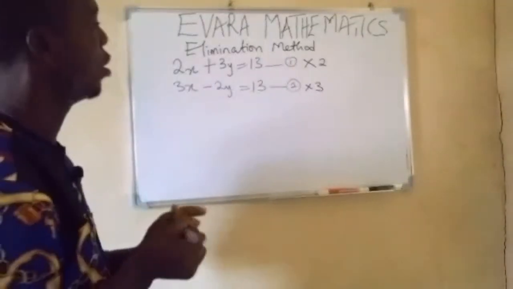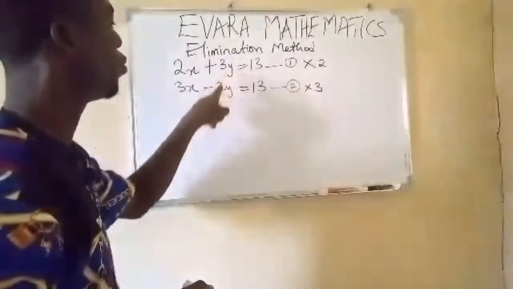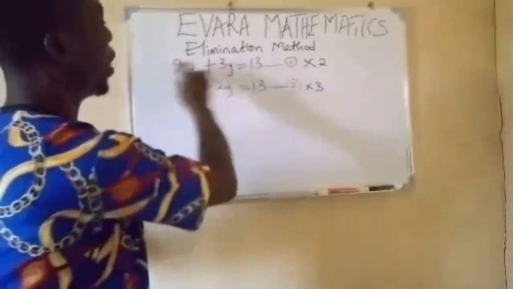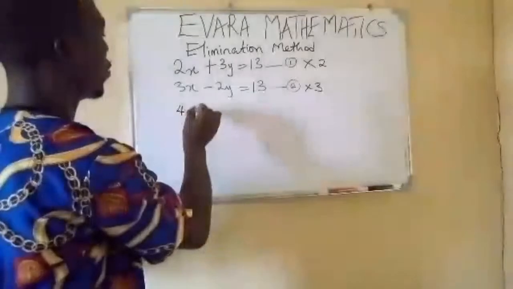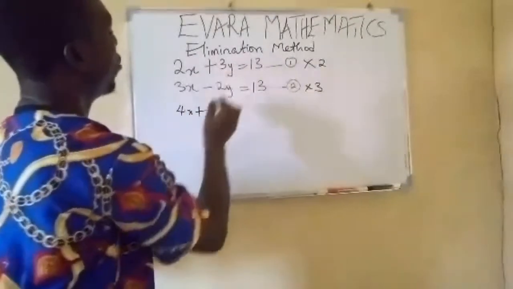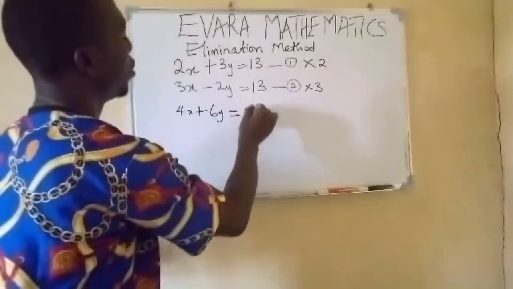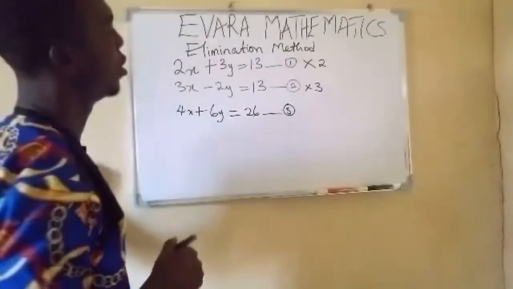So you can see, this 3 will multiply the whole of equation 2, while this 2 will multiply the whole of equation 1. So if you multiply equation 1 by 2, 2 times 2, 4x, 2 times 3y, 6y, 2 times 13, 26. This is equation 3.